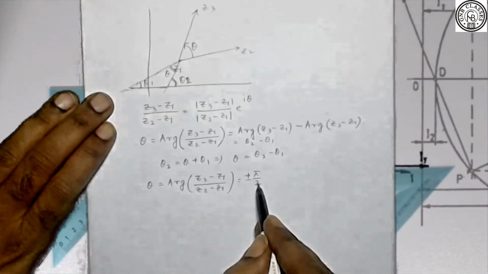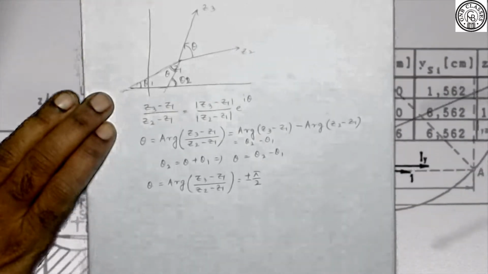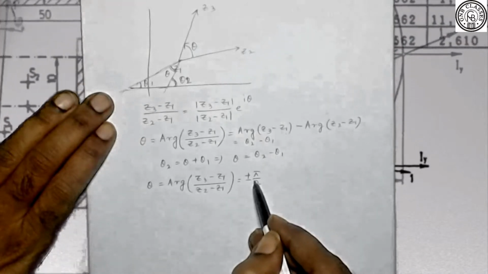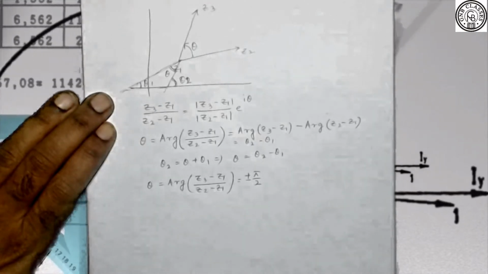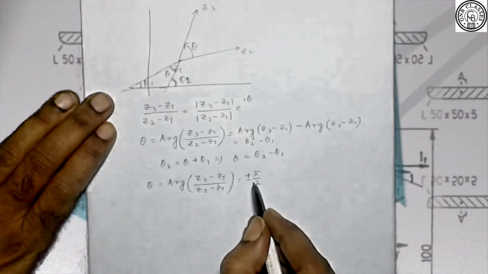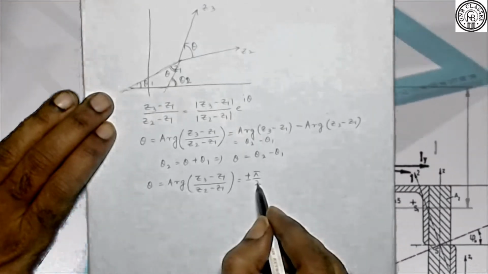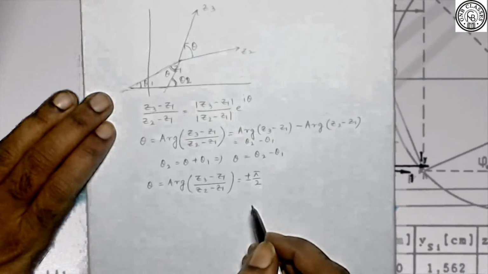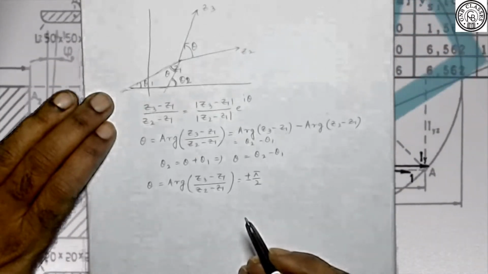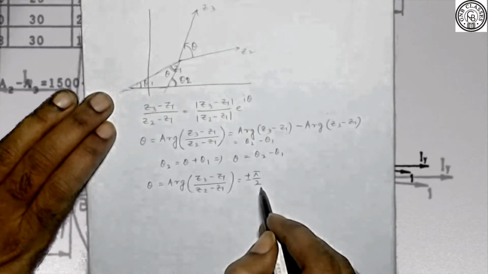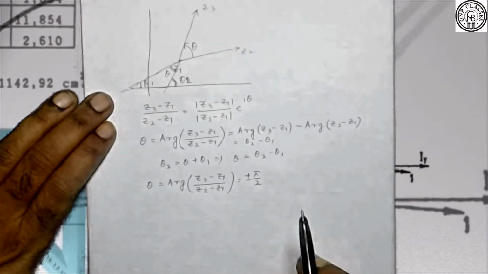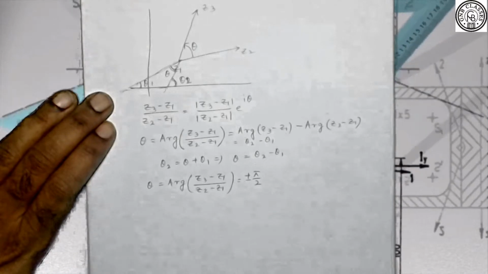Now suppose theta is plus minus pi by 2. Suppose this angle is pi by 2, whether plus or minus, I don't know, because we can measure the angle in clockwise or in the anti-clockwise direction. Doesn't matter. But the angle between them is pi by 2. So in that case, we know that when theta, that is the argument, is pi by 2 or minus pi by 2, then the point is lying on the y-axis.